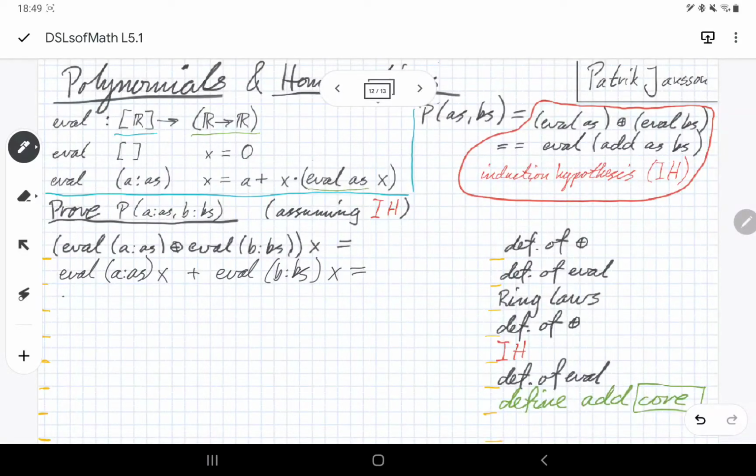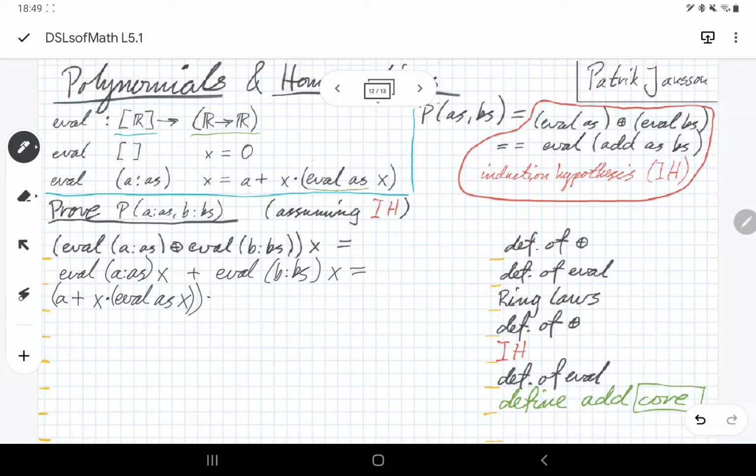So this is then A plus, and I'll put an extra parenthesis to make sure we see where we are. A plus eval, no, sorry, that was too early. A plus x times eval of AS applied to x, end parentheses. And if I want to copy this, what I had above, I'm just using this right-hand side down here.